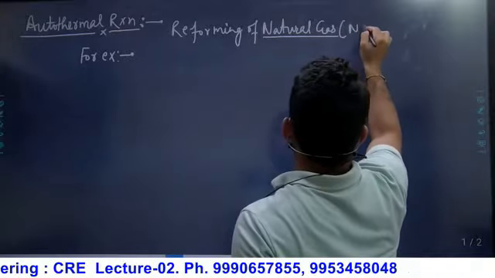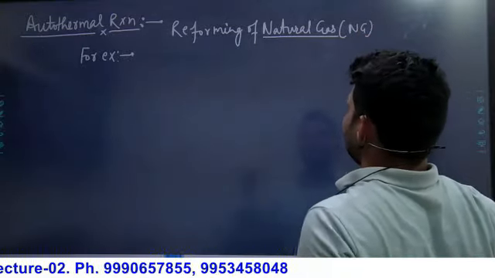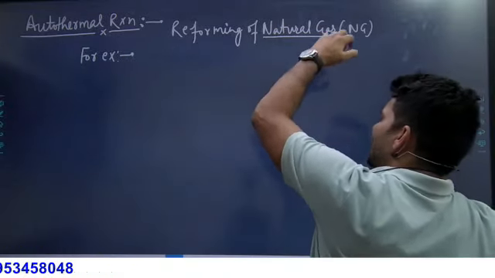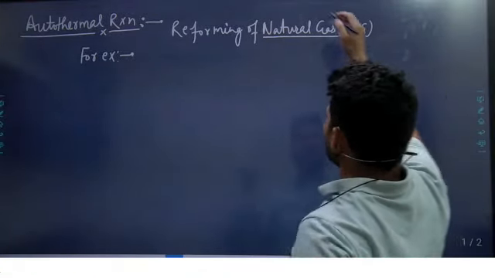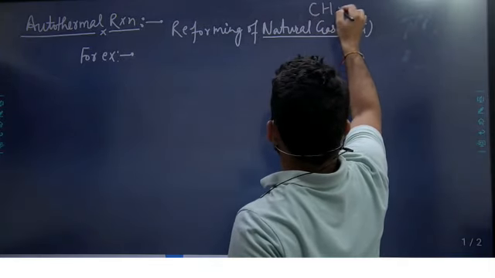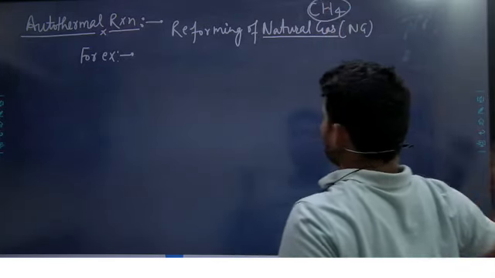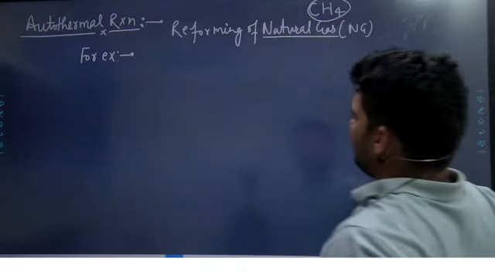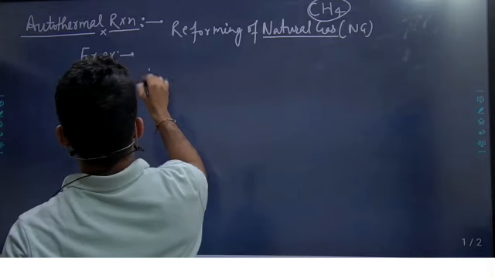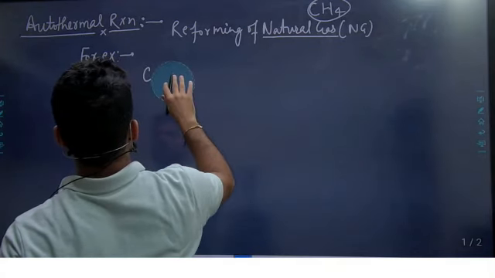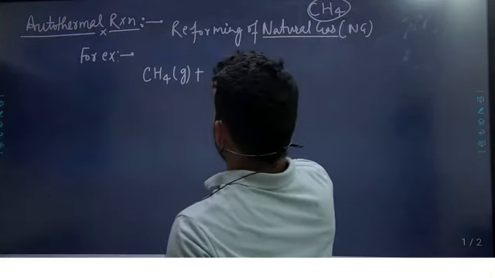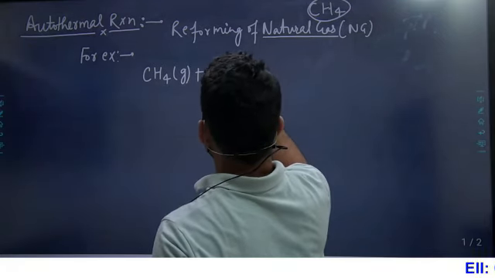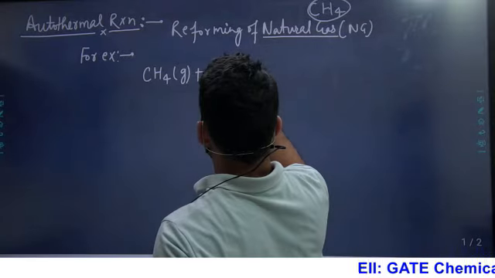That is in short form NG. Natural gas means that about 94-95% contains methane, CH4. So reforming of methane, that is CH4, reacts with steam, H2O.